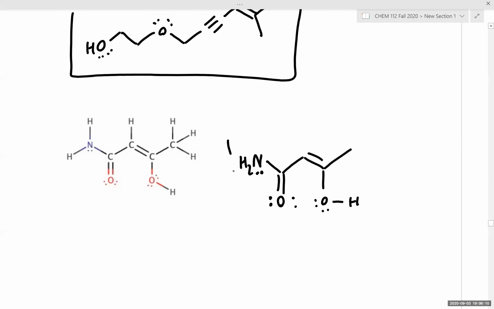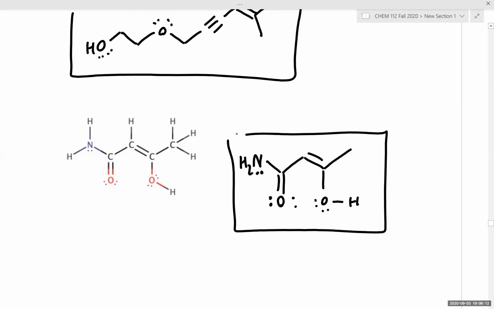From that, we end up with the following complete bond line structure. One thing to pay attention to: because we have double bonds, our bond angles are adjusted to be around 120 degrees. Does this example make sense to everyone? Does this make sense so far?